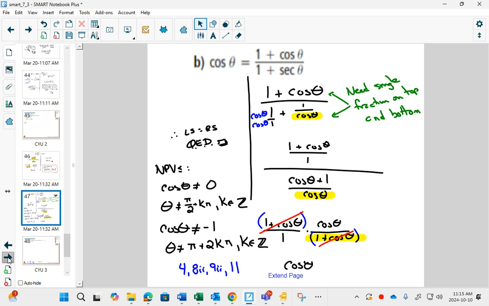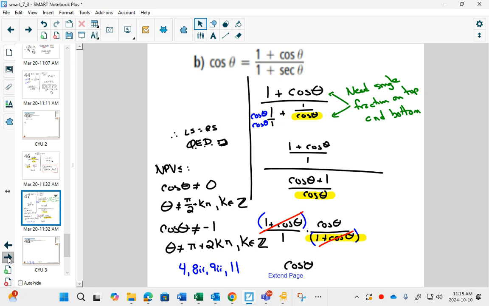So our goal is to get a single fraction in our numerator, a single fraction in our denominator, then you can multiply by the reciprocal. If you try to multiply by the reciprocal earlier, before you've got a single fraction on the top and the bottom, the math falls apart. So it's important that we get a single fraction in your numerator, single fraction in your denominator, then we can multiply by the reciprocal.